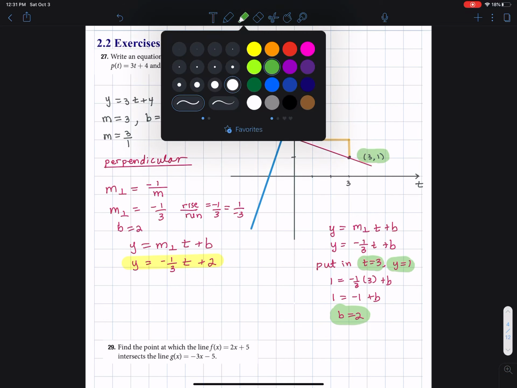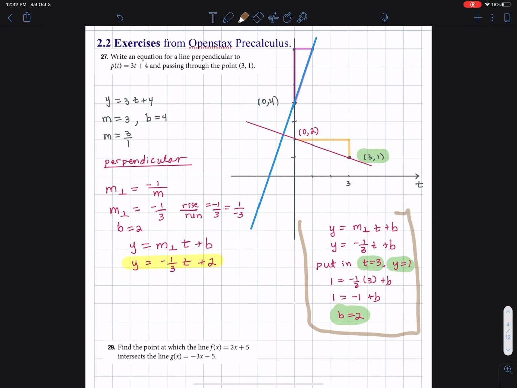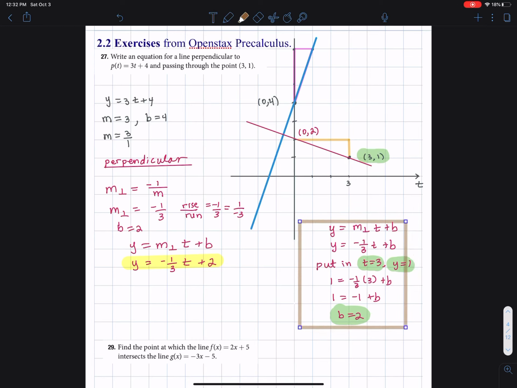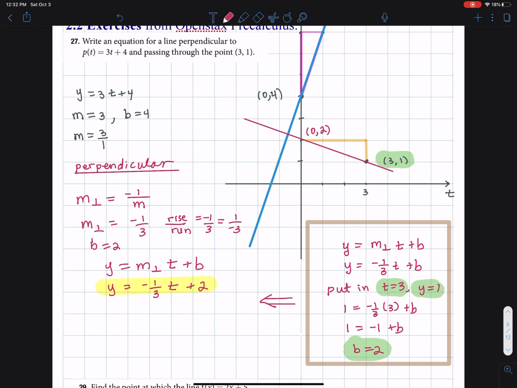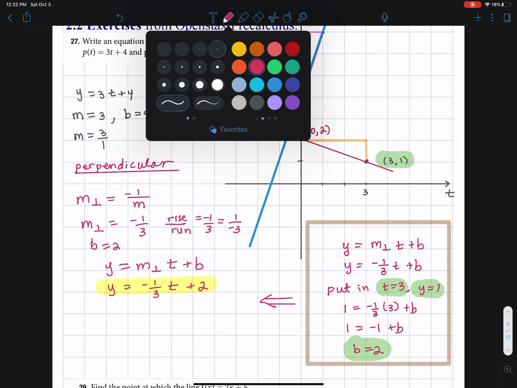But the arrow that might be appropriate is this one, which implies if b equals 2 and m perp is equal to negative 1/3, that implies that y equals negative 1/3 t plus 2 is our solution, and that agrees with our drawing here.